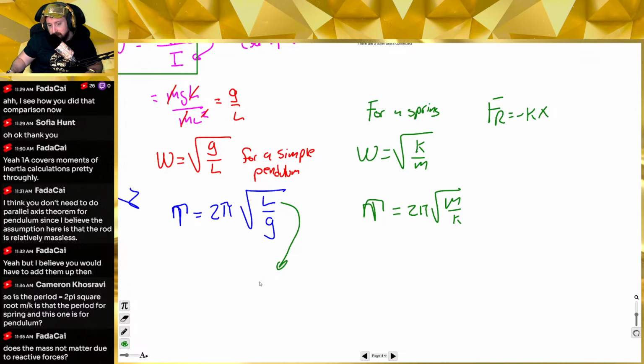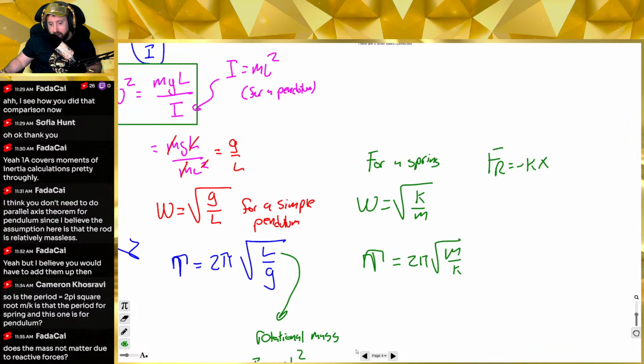Because I is equal to ml squared. I like to think of inertia as rotational mass. Just the way I have of explaining it.